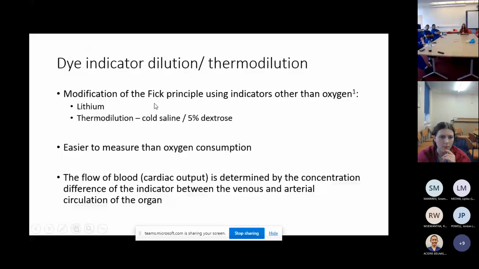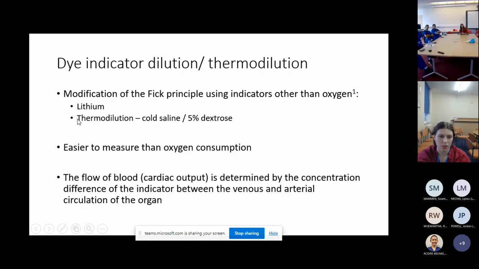This is a modification of the Fick principle, and it basically swaps in other indicators, which are easier to measure, for the oxygen that was being measured before. The first example of these is lithium. If you inject a known volume of lithium into the venous circulation, and you then measure the lithium concentration in the arterial circulation, or the blood leaving the organ, then you can work out the volume of blood flowing through the organ.